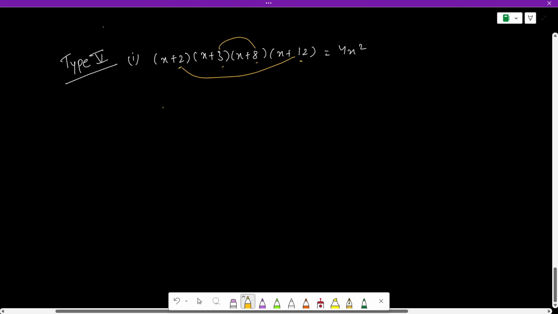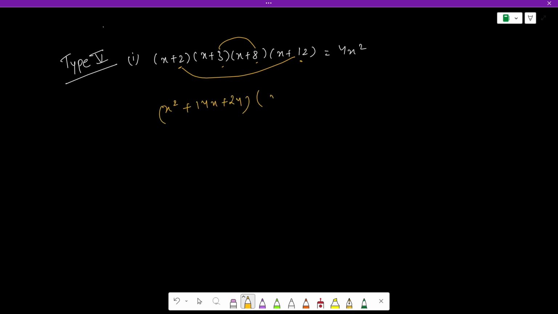So this becomes x squared plus 14x plus 24 into x squared plus 11x plus 24 equals 4x squared.